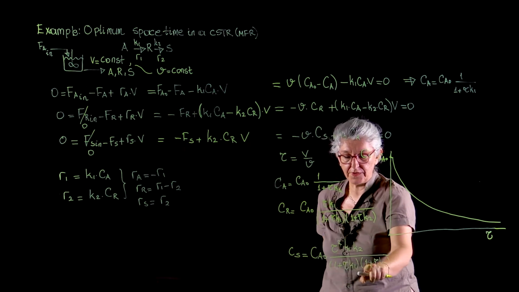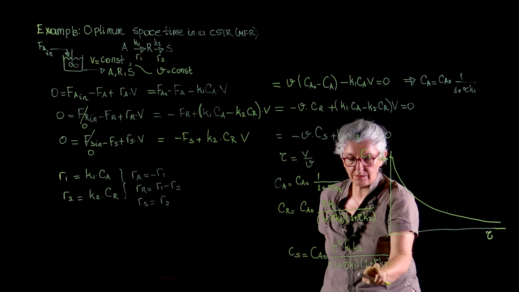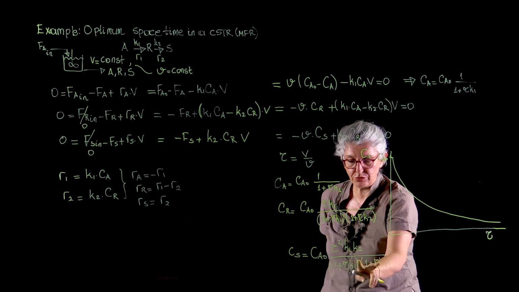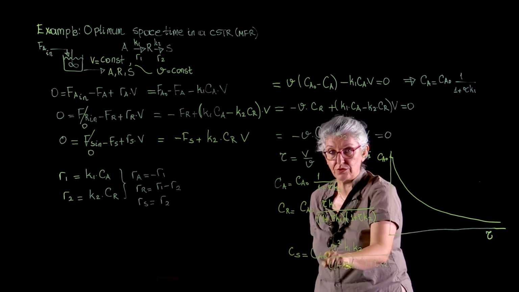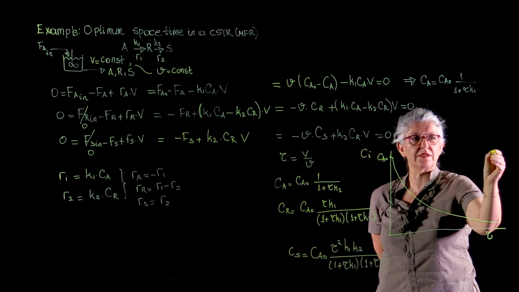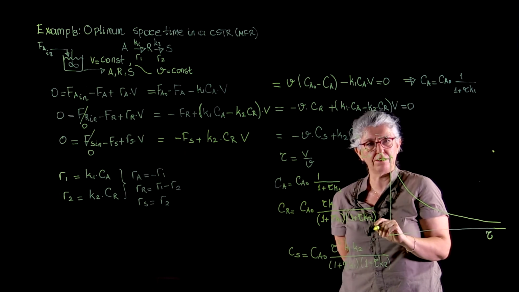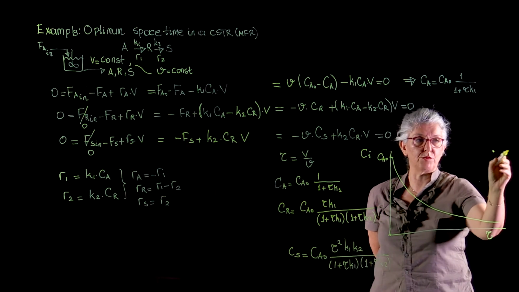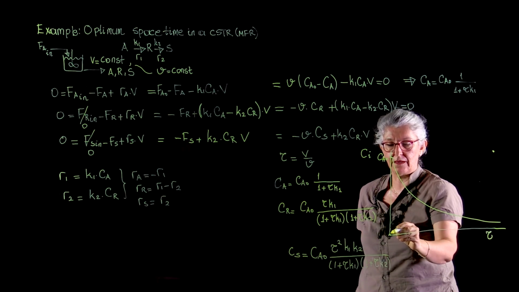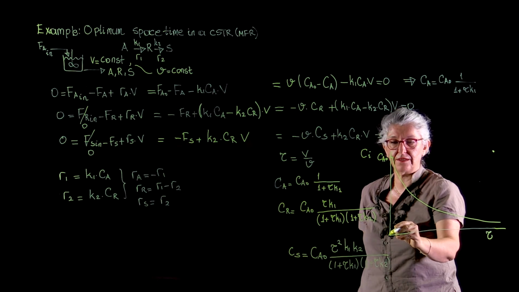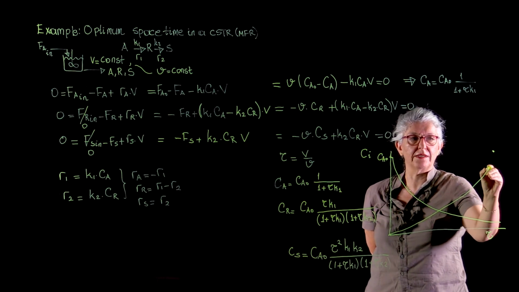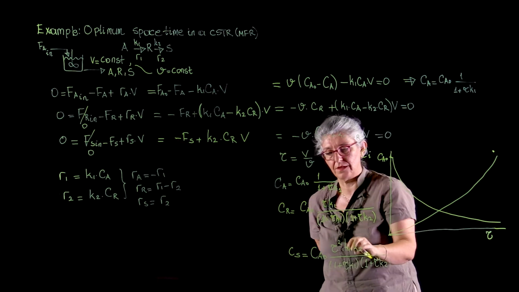When tau goes to infinity, these terms become much larger than 1, and the tau square K1, K2 terms cancel, and Cs goes to Ca0. So this is the limiting concentration of Cs. It's going to be Ca0. Asymptotically, it will reach Ca0. This is how Cs will behave. It will pretty much reflect the opposite behavior of Ca.